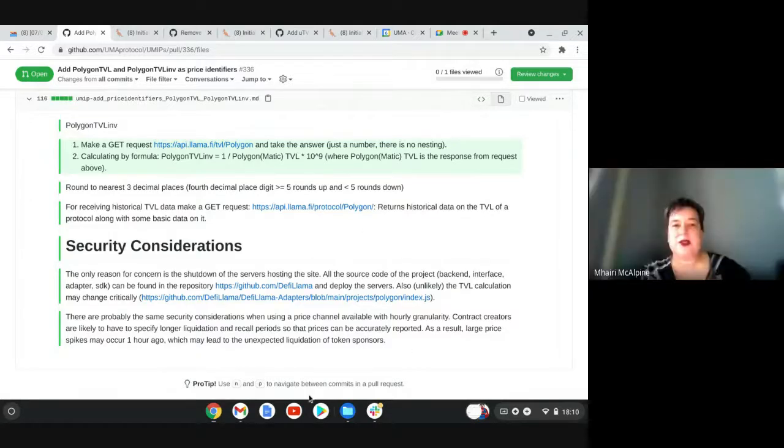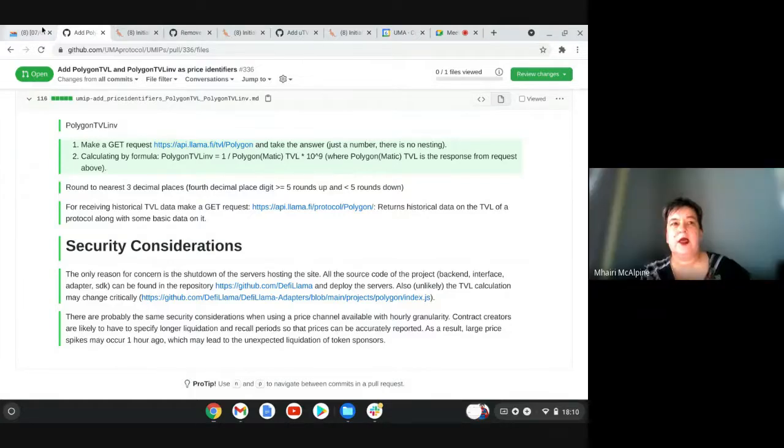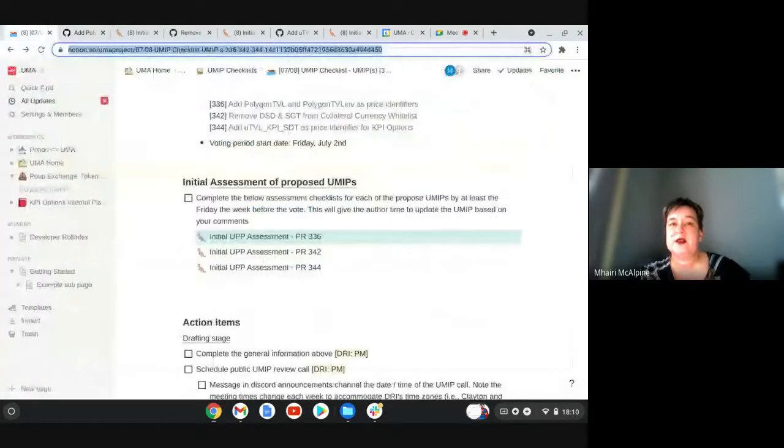I think beefing up the security considerations is probably significant for this. Yes. Okay, so that is a go with conditions.